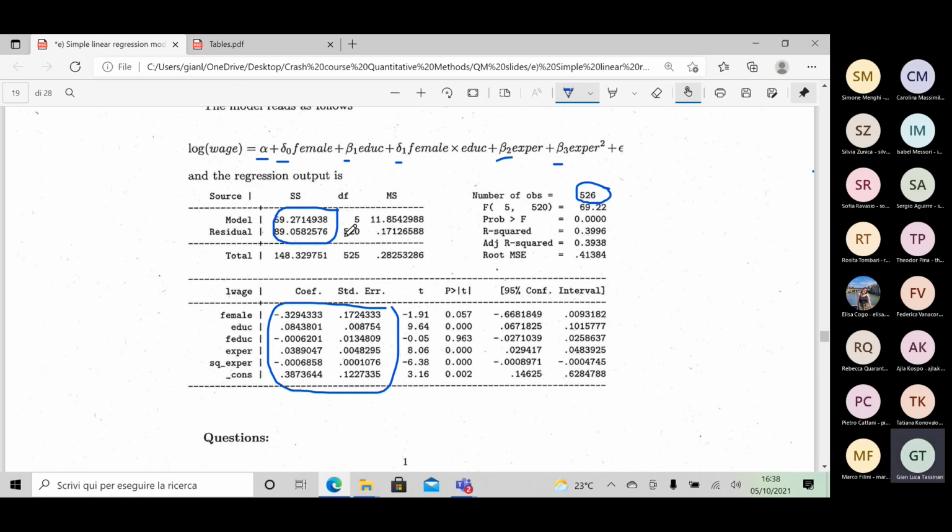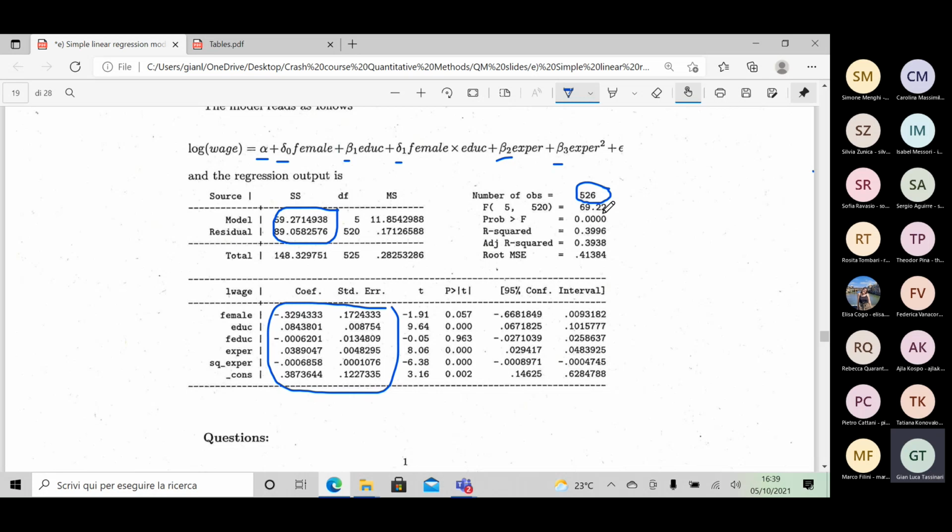And the number of degrees of freedom here are n minus k minus 1, so 520. So this is the observed value of the test statistic.